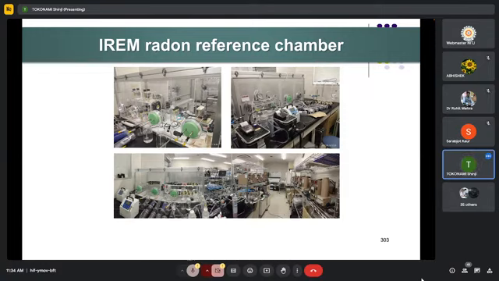We placed the radiators this way. And here is the fan to make the radon activity concentration homogeneous in the chamber. Also, from outside, we measure the radon concentration with a RAD7.